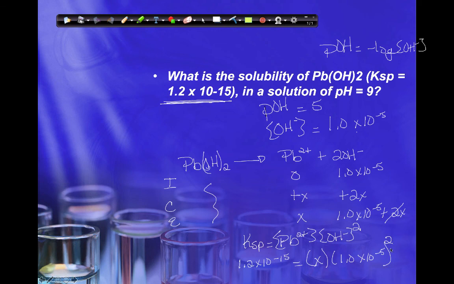We can approximate. Don't forget to square it though. For x here, I'm going to get 0.0000012. That's my molar solubility. So I can dissolve 0.0000012 moles in 1 liter of a solution that has a pH of 9.